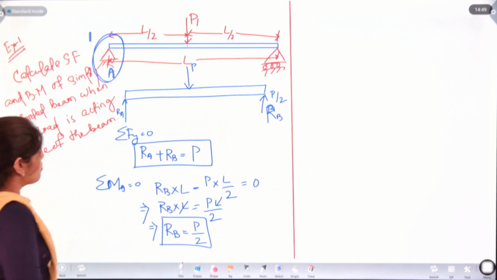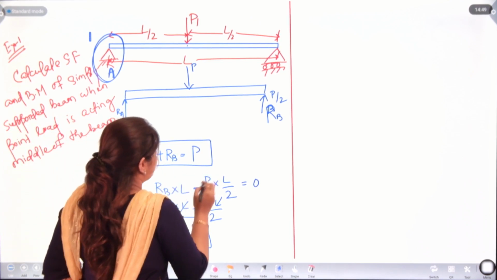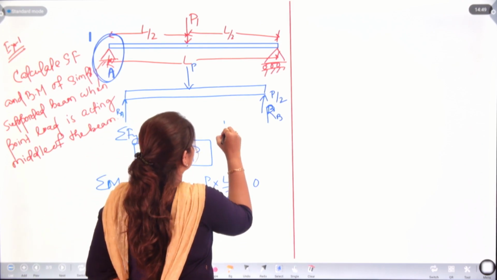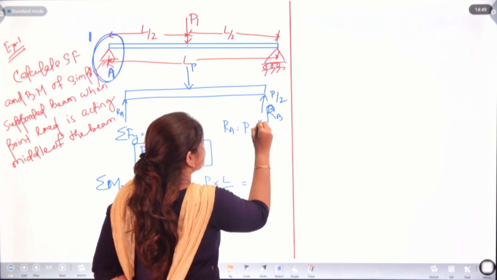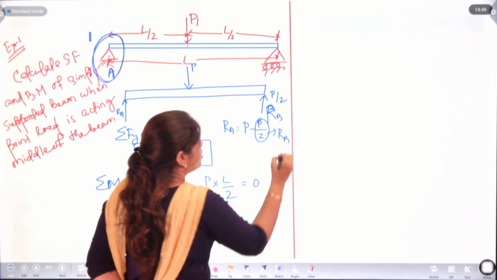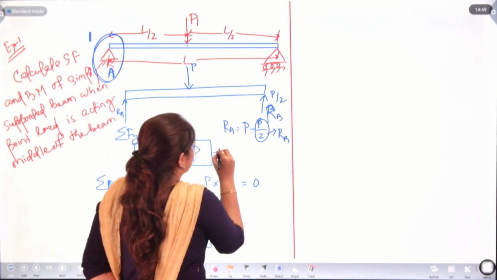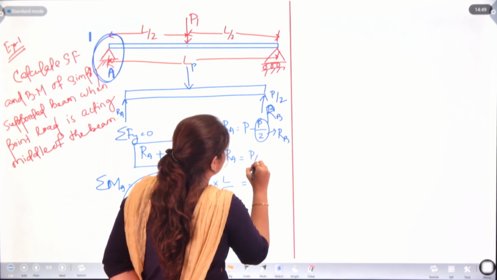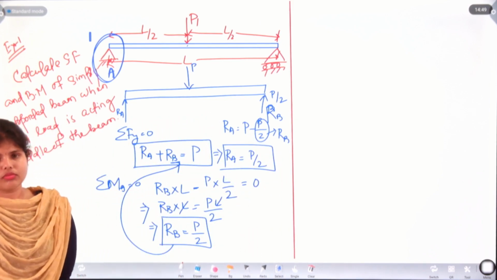So, we have the equation RA plus RB equal to P. Let's put the value of RB here to find out RA. So, RA is equal to P minus P by 2. P by 2 is nothing but your RB value. So, RA is also going to be P by 2.